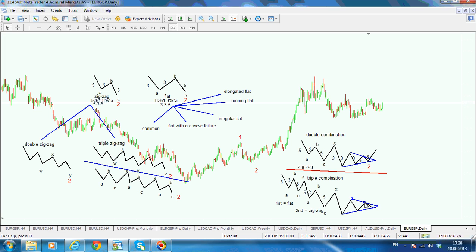And all this contracting triangle has the waves in the form of threes. So these are coming in the form of 3, 3, 3, 3, and 3. And the end of the second wave should come here, and this is being called a triple combination. Okay, so you have a double combination or a triple combination. Of course, under this scenario as well, price breaks to the upside.